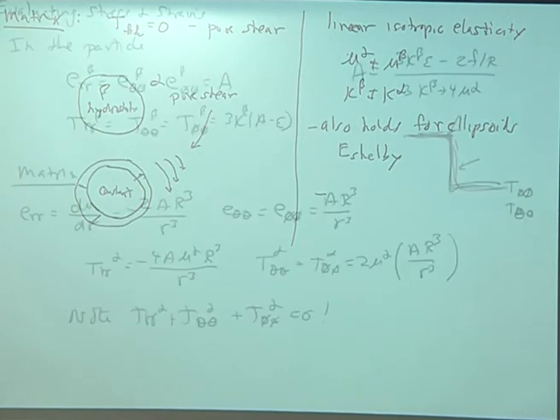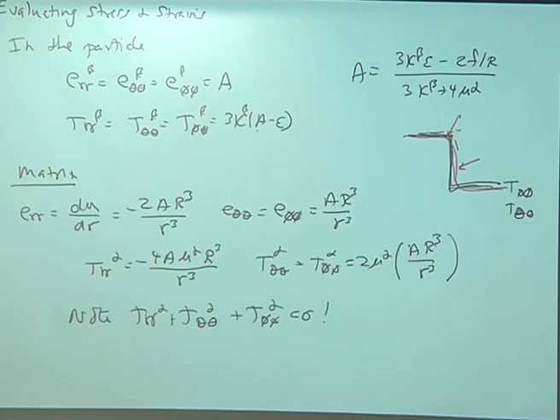This is related to the question we were just discussing. If you look at the equations for the matrix phase out here, the picture is you put this particle in, it relaxes, and it pushes back out on the matrix. So let's say the matrix out here is a fluid.